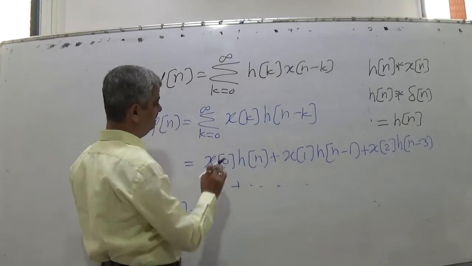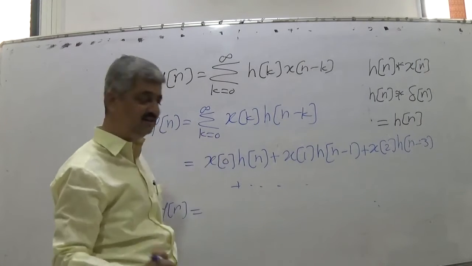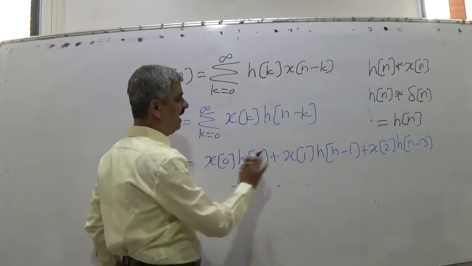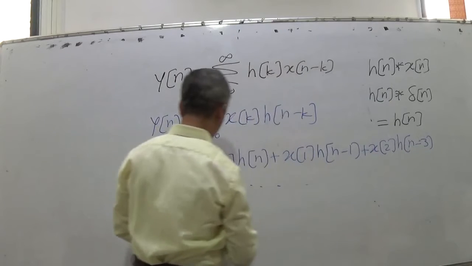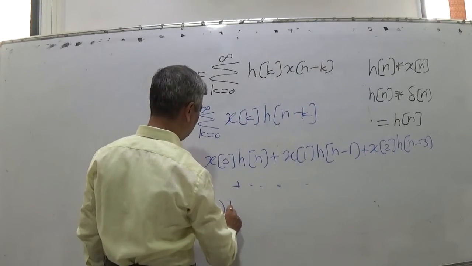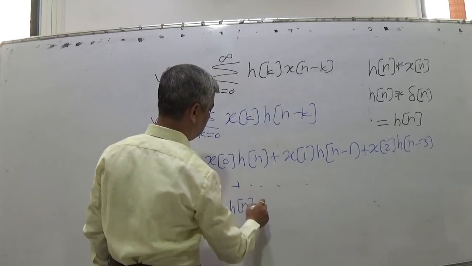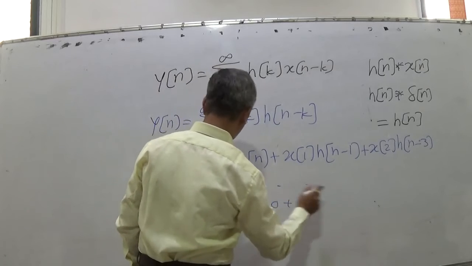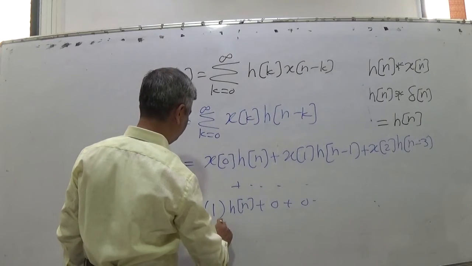Since in this case the x sequence is such that only x(0) is 1 and all other x are 0, this is equal to 1 into h(n) plus 0 and so on, so that is equal to h(n).